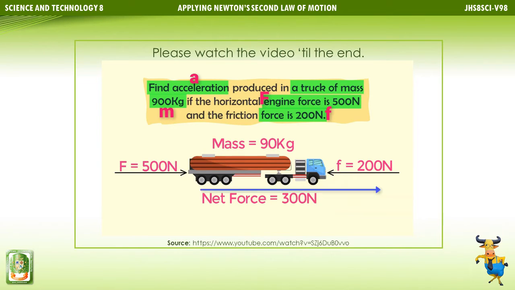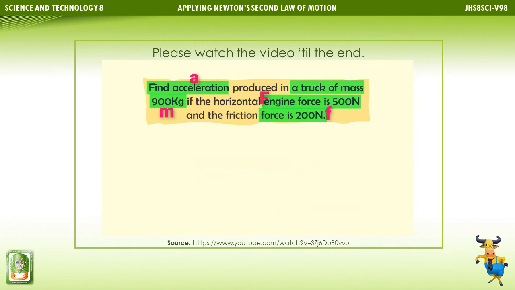So the net or the resultant force on the truck is 300 Newton. And remember this 300 Newton force as a resultant force. Now this net force of 300 Newton produces acceleration a in this truck of mass 900 kg.